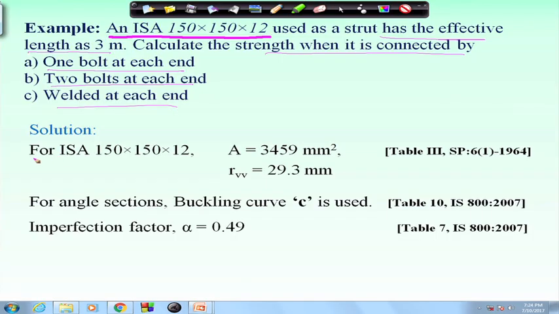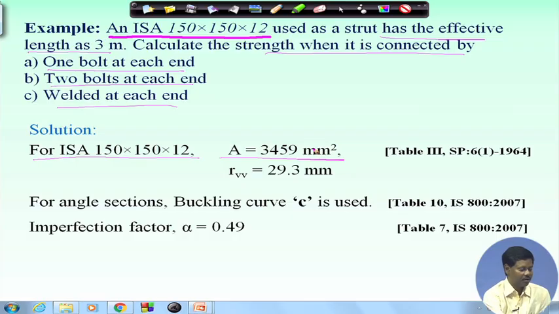Now, for ISA 150 by 150 by 12, from SP 6 I can find the cross sectional area of the member as 3459 millimeter square.